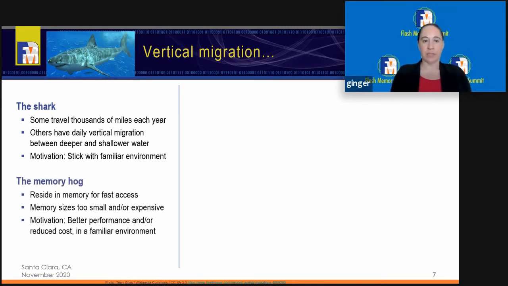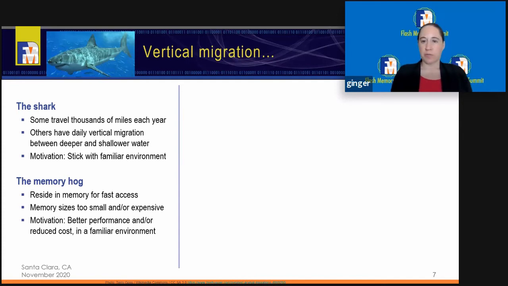And the tie-in to this animal is the application that I'm going to call the memory hog. Currently, this is an application or data structure that resides in memory because you need that fast access. But you're probably finding out that memory sizes are too small and/or too expensive, and you're hoping there would be a better solution.